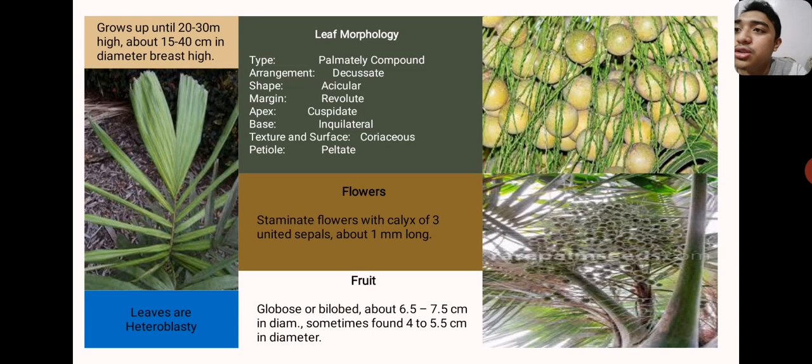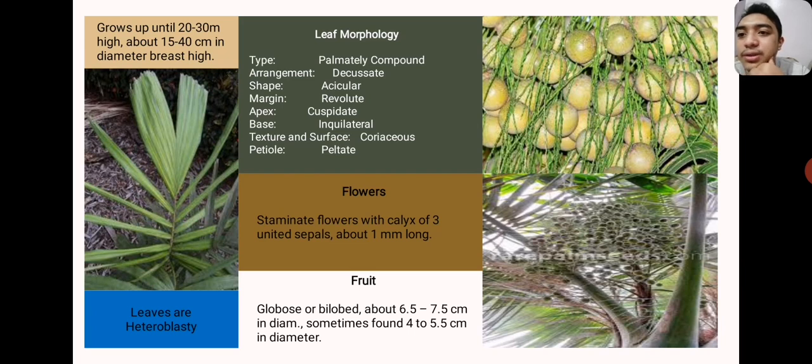These species can grow up to 20 to 30 meters high, about 15 to 40 centimeters in diameter at breast height. Leaf morphology: type palmate, compound arrangement decussate, shape acicular, margin revolute, apex cuspidate, base inequilateral, texture and surface coriaceous, petiole peltate.